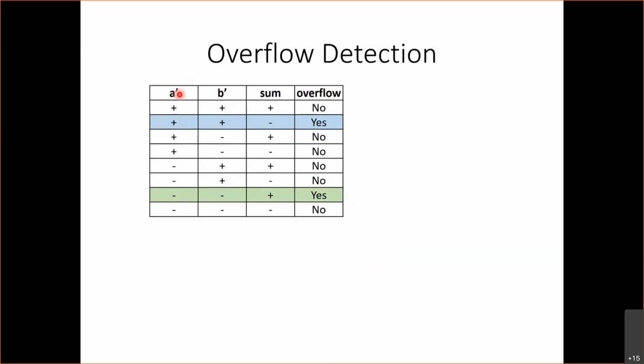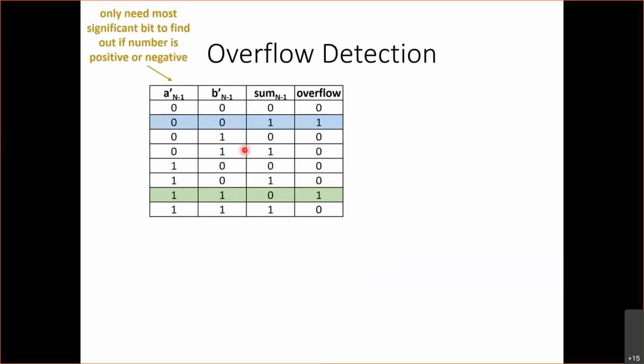So for A prime and B prime and the sum, all three of these, we know they're positive if the most significant bit is 0, and we know that they're negative if the most significant bit is 1. So here, in this pseudo truth table, I'm going to replace these with 1s and 0s. A prime of n minus 1 is the most significant bit of A prime.